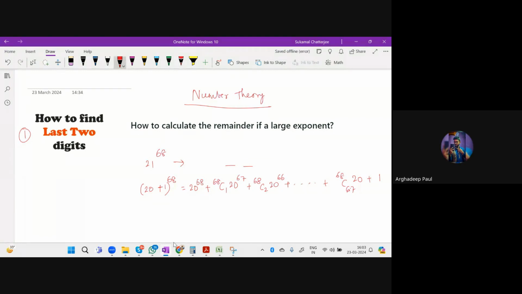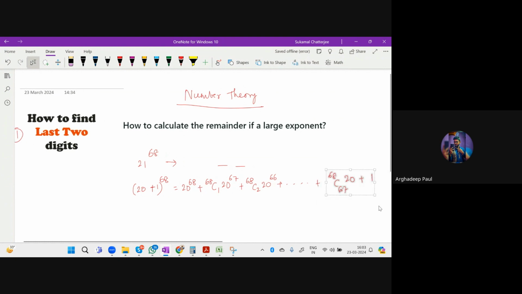Sir, up to the term just before the second last term, the whole portion will be divisible by 100. So we need to calculate only the last two terms. This is the expansion, right? You are absolutely correct.